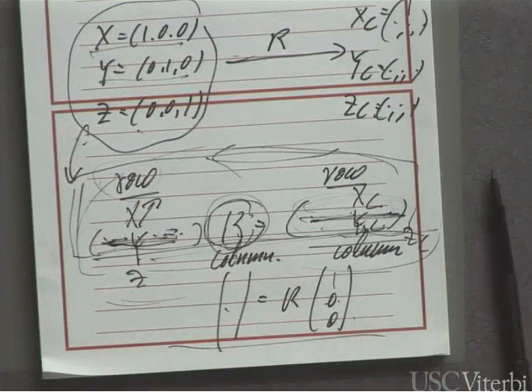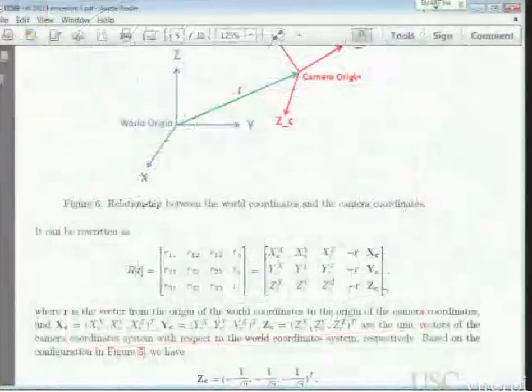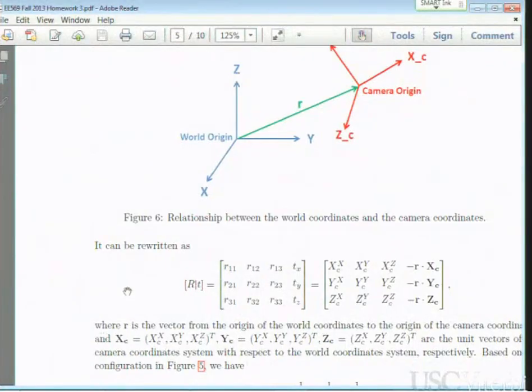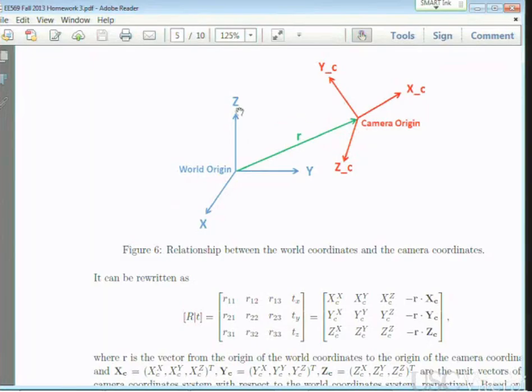Okay, operator, can you switch back to the computer screen? So this equation says, if I use the row vector, this guy, not the transpose, just a row vector, times this one, so X should come to this guy, Y should come to this guy, Z should come to this guy.